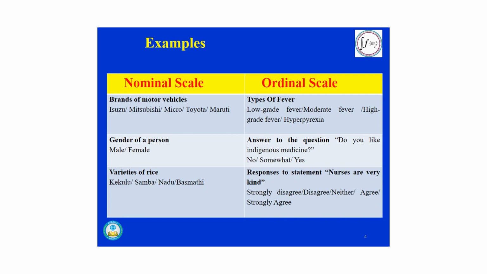If we think about educational qualifications, up to high school, then the bachelor's degree, master's degree, PhD, they are comparable categories. But they all are qualitative variables. So the qualitative variables are measured either by nominal scale or ordinal scale, whereas the quantitative variables are measured by interval or ratio scales.